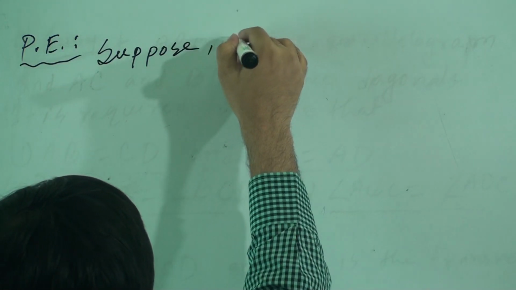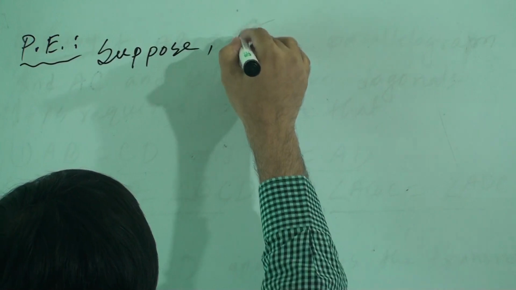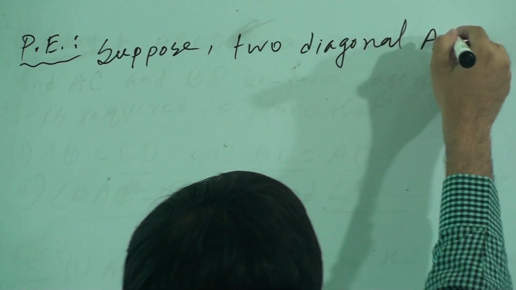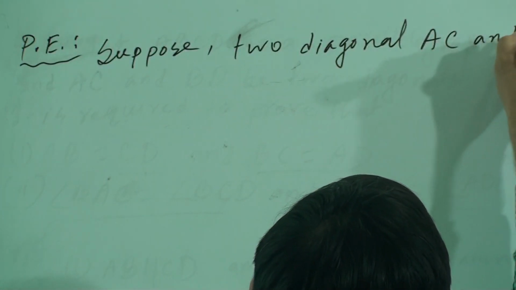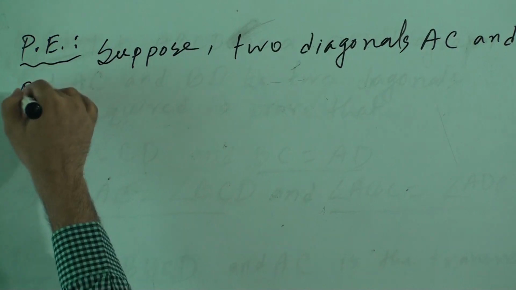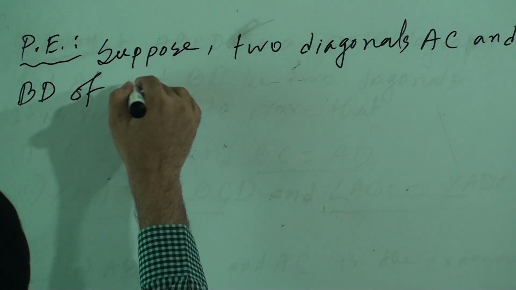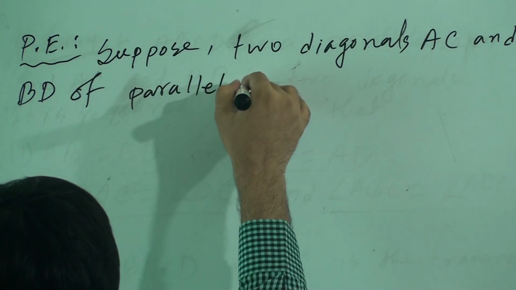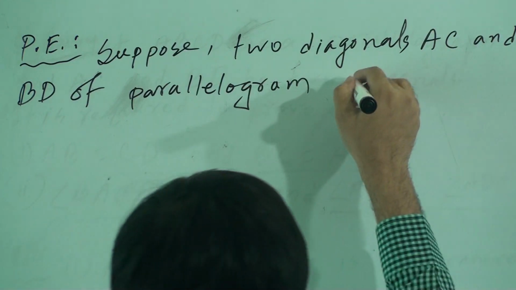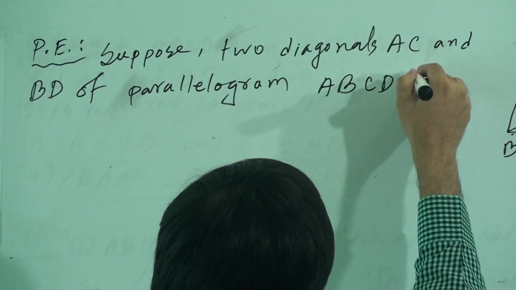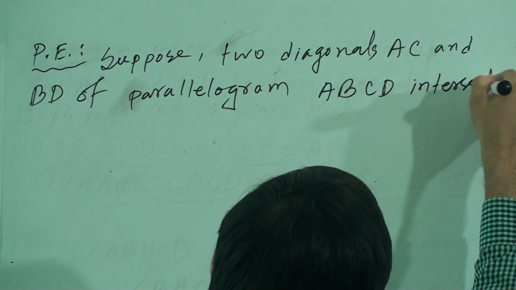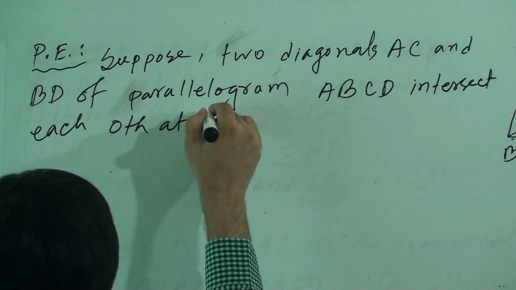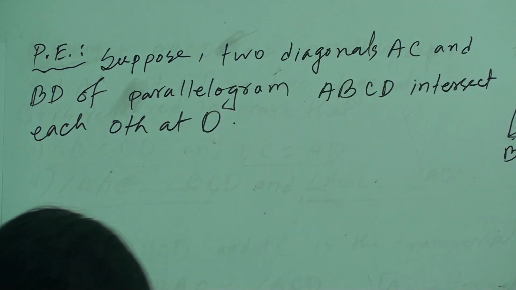Suppose the two diagonals AC and BD of quadrilateral or parallelogram ABCD intersect each other at O.